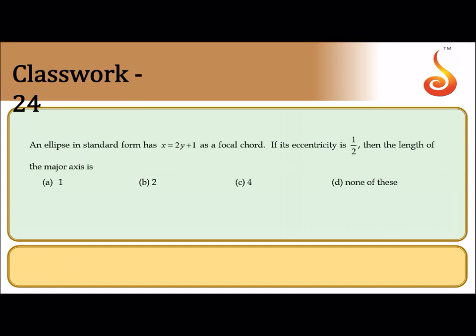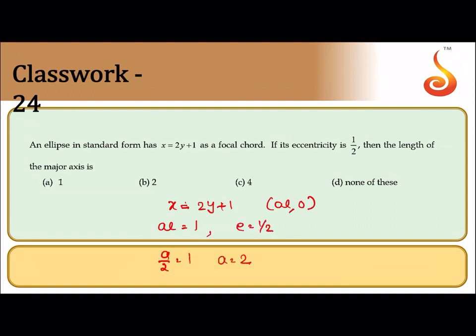An ellipse in a standard form has x equal to 2y plus 1 as a focal chord. If its eccentricity is 1 by 2, then the length of major axis is? The focal chord is x equal to 2y plus 1. The focus (AE, 0) lies on this, so you have to substitute, giving AE is equal to 1. So this is one equation.